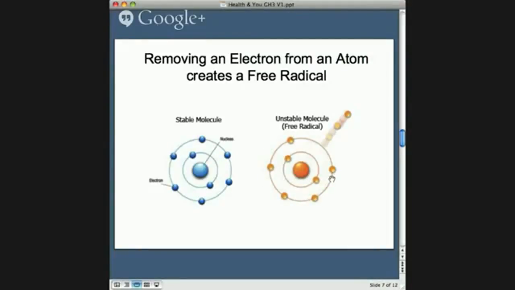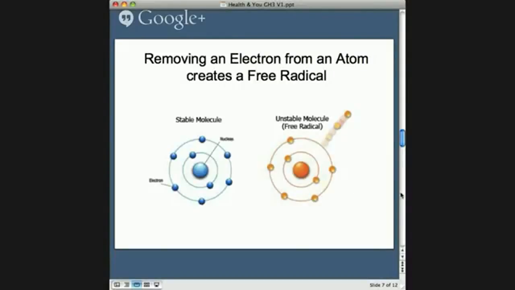And it now wants to balance itself by getting back to that stable 8 electrons around the outside. So it goes around scavenging electrons from other molecules. And in the meantime, it's creating a lot of unstable molecules out there, and in fact, a lot more free radicals. So this free radical is running around trying to balance itself out, creating more free radicals in the process.